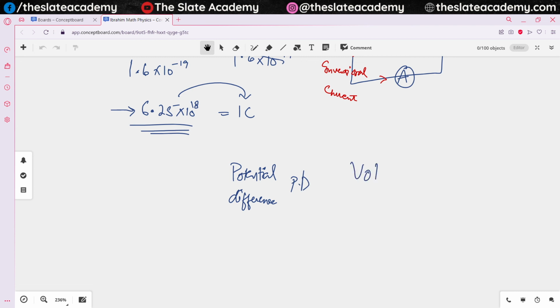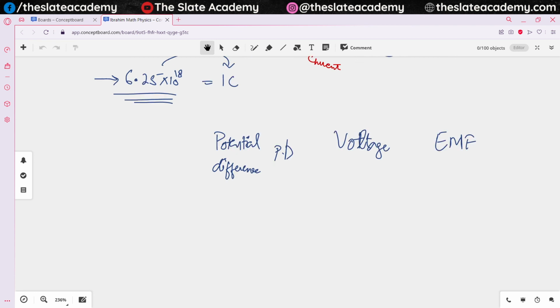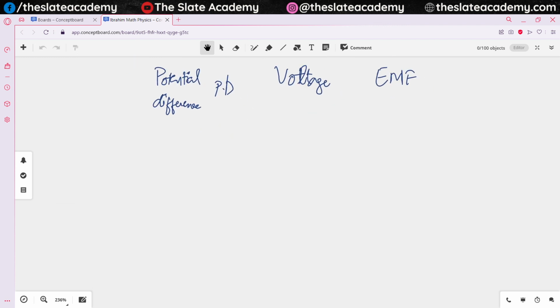The second term is voltage, and the third is electromotive force or EMF. At this level you wouldn't be tested on the difference of the three, so for you it's the same. For A levels you'd study the difference, and get questions to calculate the EMF if this much is the voltage or PD. You'd learn formulas for that later on.